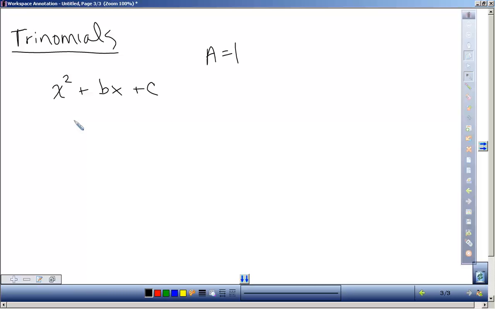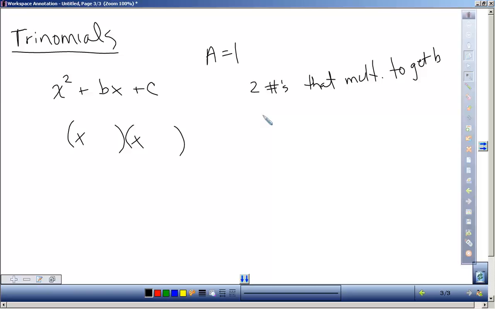They should be fairly simple. It's always going to be x plus or minus something and x plus or minus something. We just need to know what the two numbers are that go here. And we're always looking for two numbers that multiply to get b, and add the same two numbers that add to get c.